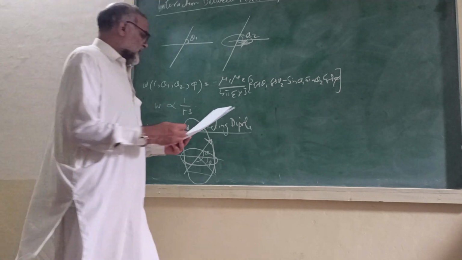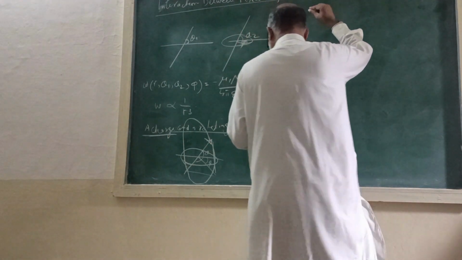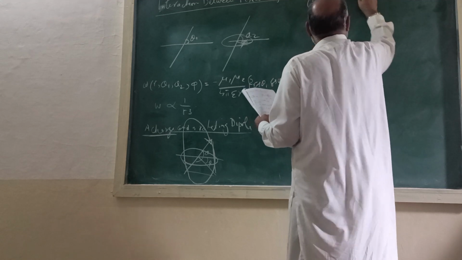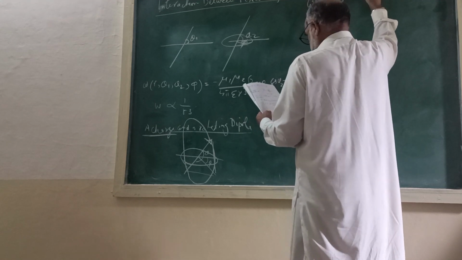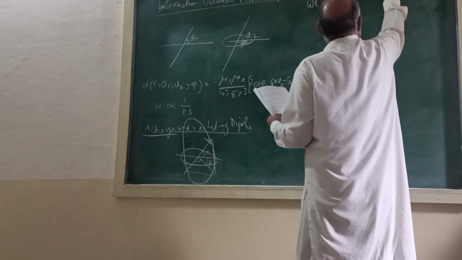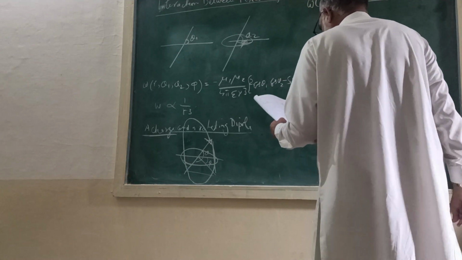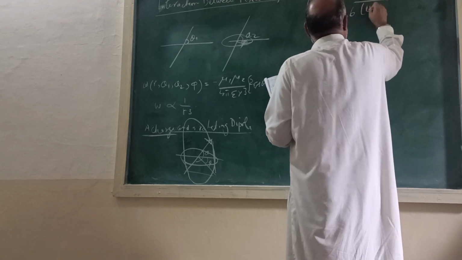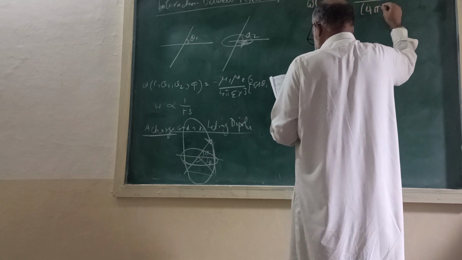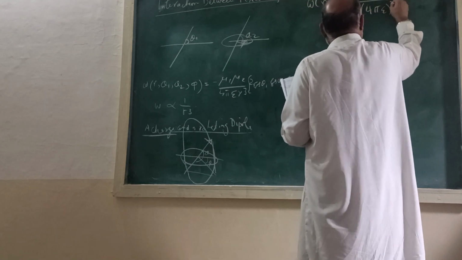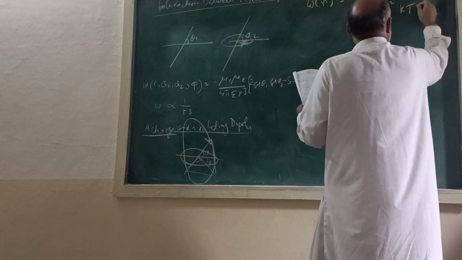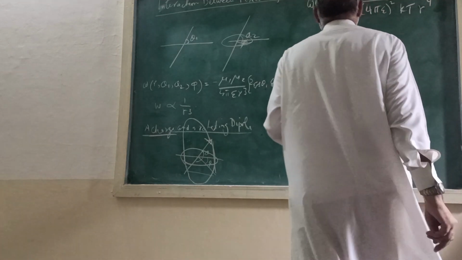In this case, the energy is W(R) equal to minus Q square mu square divided by 6 times (4 pi epsilon) whole square times kT times R to the power 4.